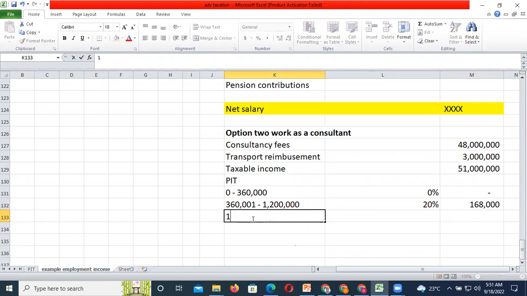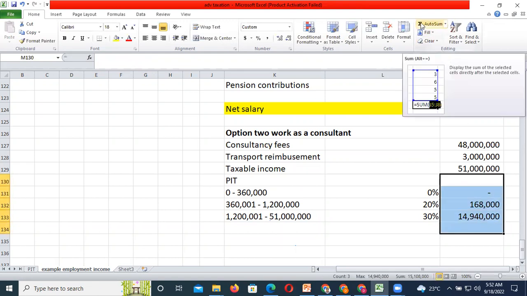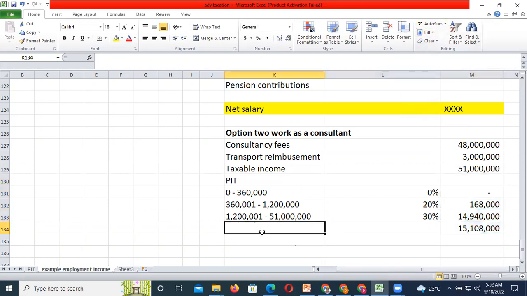And 1.2 million to 51 million is 30%. So here you're going to pay 15 million. So this will be the tax payable.